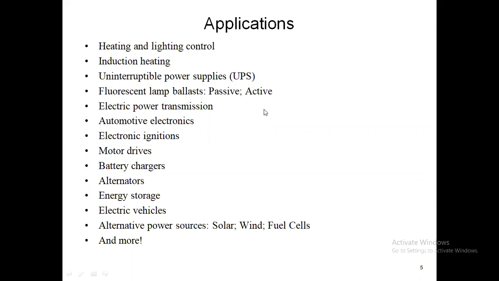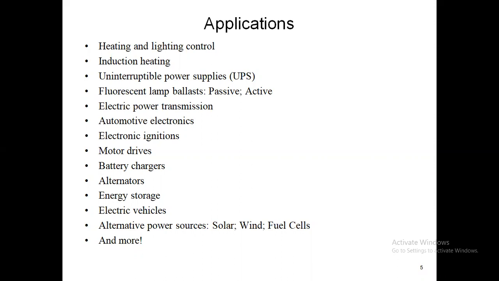If you look at any electrical equipment, you will definitely find some kind of power electronics in it. Nowadays most electrical devices contain some power electronics control, because it is very beneficial for us to control the power through power electronics.